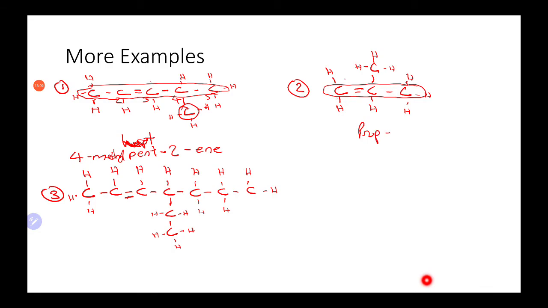If we number from left to right, it's on carbon 1, so that's prop-1-ene. There's one branch again, so it's a methyl branch, on carbon 2, so it's 2-methyl prop-1-ene. And lastly, let's have a look at this one.